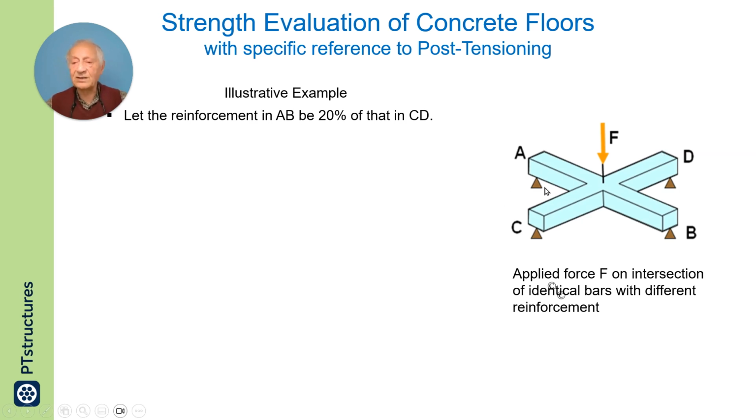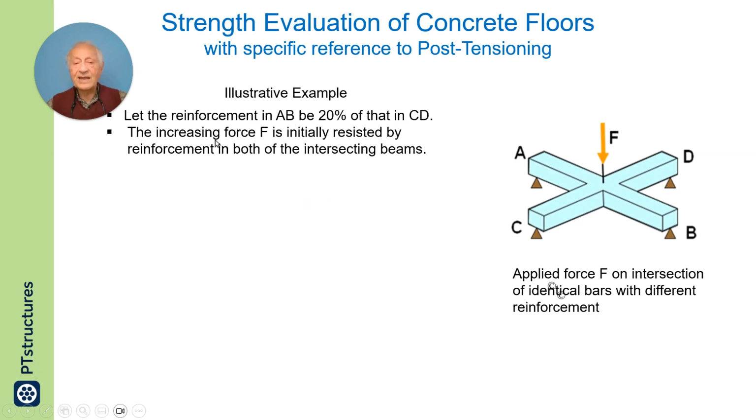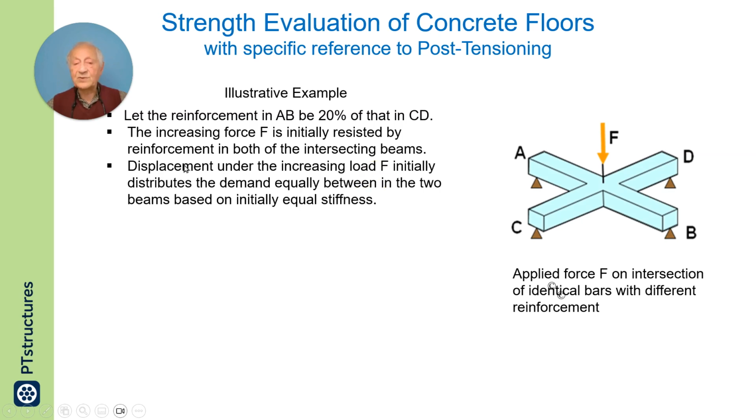They look identical visually, but one of them has less reinforcement, and we apply a load at intersection and follow the response. The increasing force F is initially resisted by reinforcement in both of the intersecting beams. Displacement under the increasing load F initially distributes the demand equally between the two beams based on initially equal stiffness.